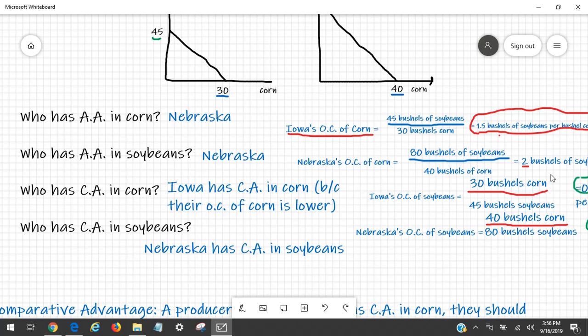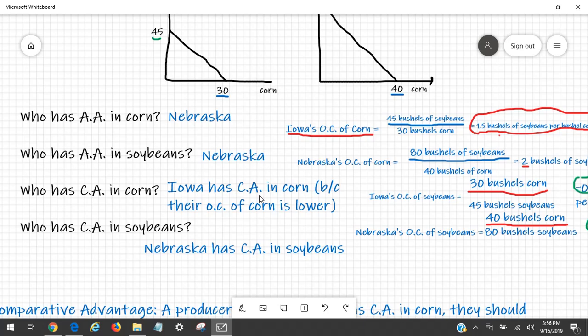So you could skip this second set of calculations if you wanted, and know that if they have the comparative advantage in one, then they're not going to have it in the other. That will always be true because this is a relative calculation. So you're welcome to take that shortcut if it helps you save time on an assignment.